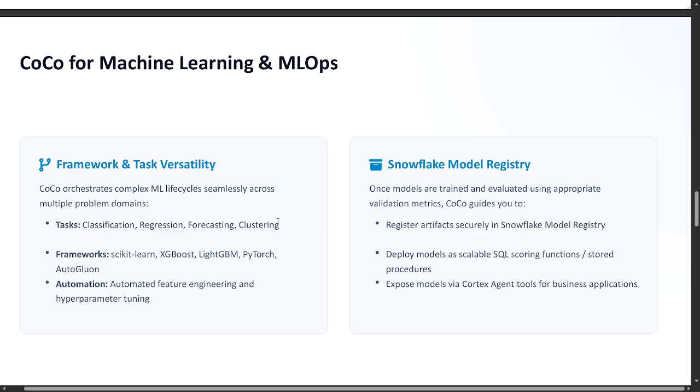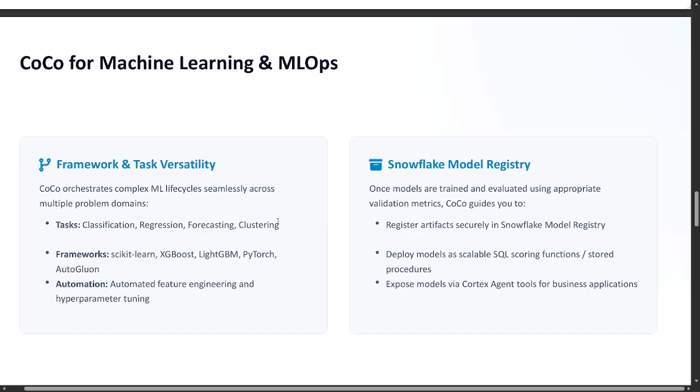CoCo supports tasks like classification, regression, forecasting, clustering across popular frameworks such as scikit-learn, XGBoost, LightGBM, PyTorch, AutoGluon. It even automates feature engineering and hyperparameter tuning.